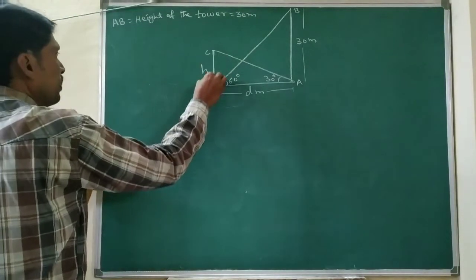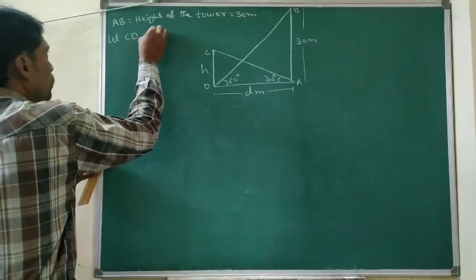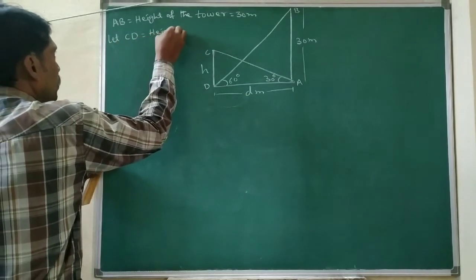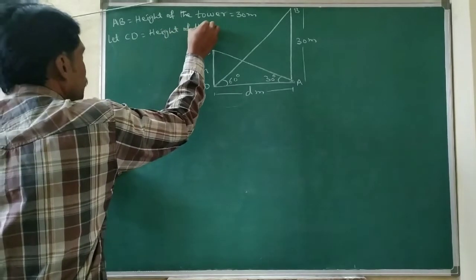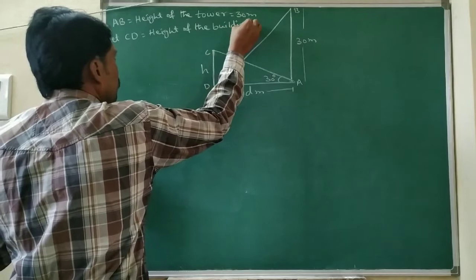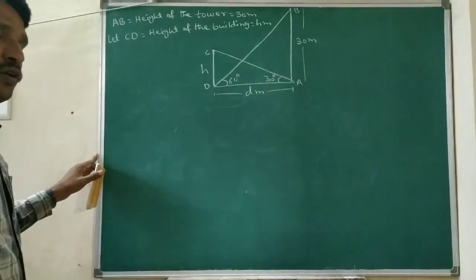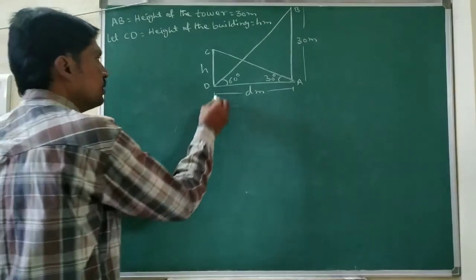Next CD I am taking. Let CD equal the height of the building, that equals H meters. That one we don't know, that's why we are taking H meters.